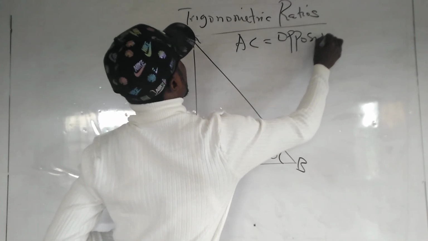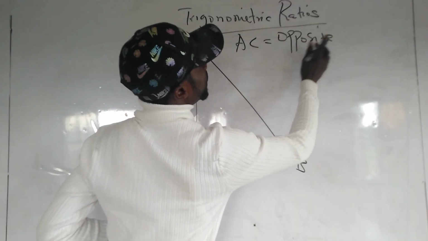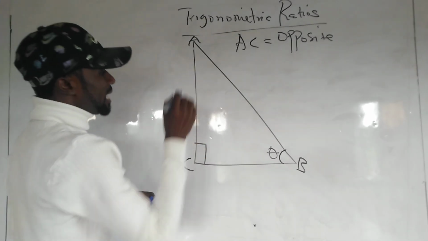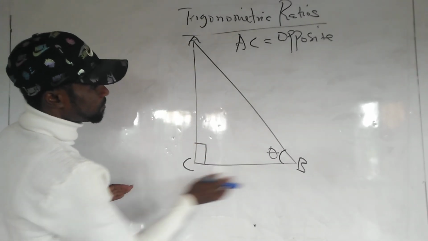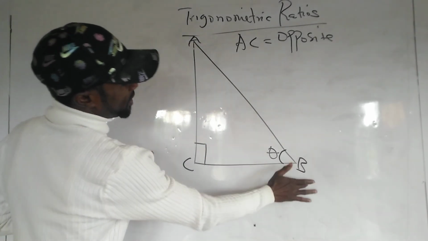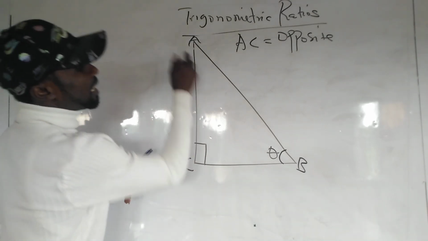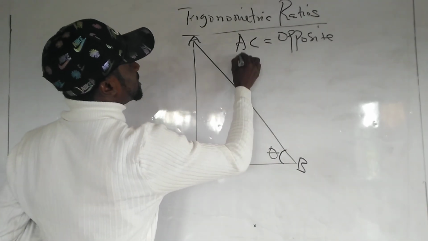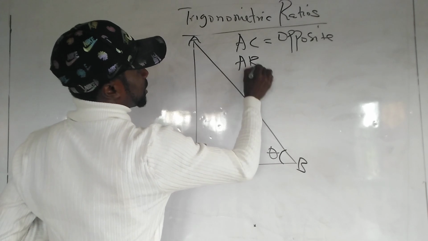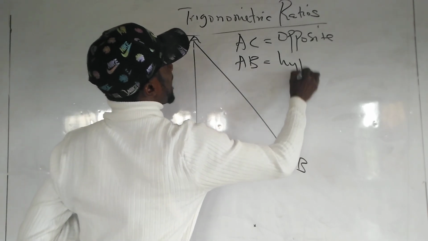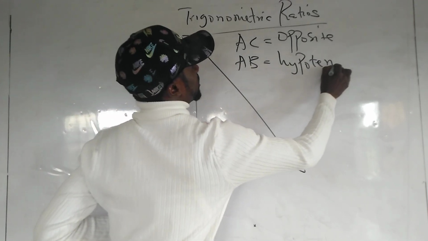We call AC side opposite. Now we look at the other sides, AB and CB. AB, being the longest side, is called hypotenuse.